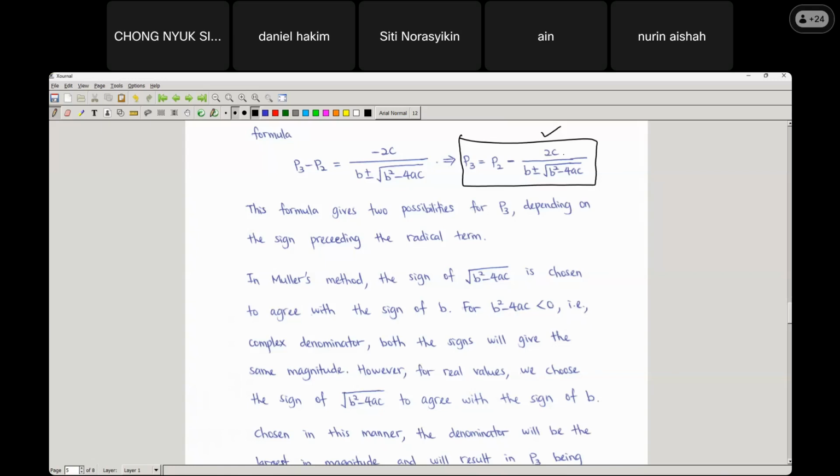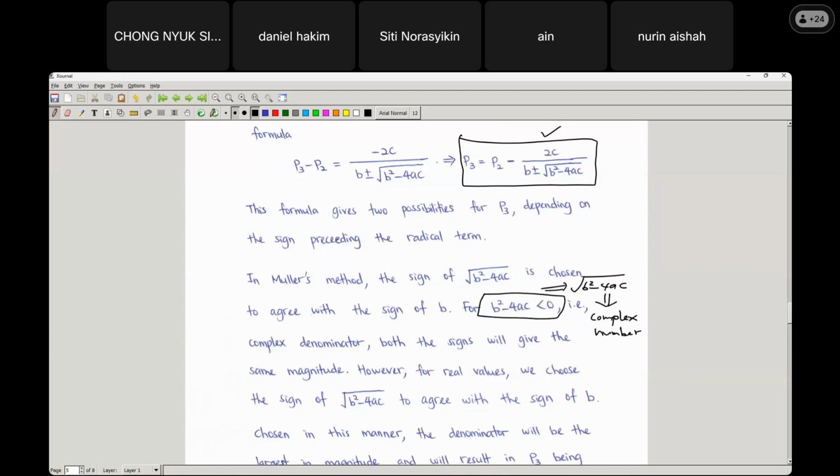So how do we deal with b squared minus 4ac being less than 0? Because then the square root will produce a complex number, and we do not want a complex number as the approximate solution.